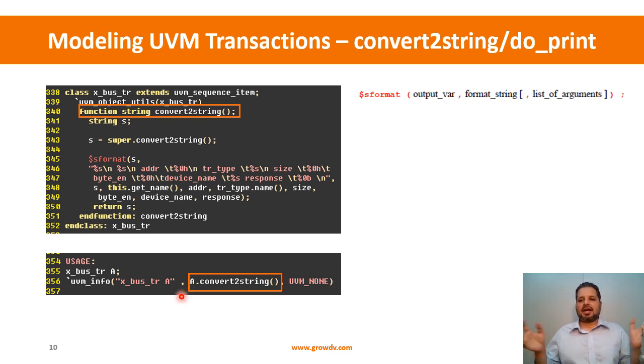There can be other information that I want to collect together and also display with this transaction information. In those cases, the convert to string type of function is very useful. And just to reiterate, typically you can use the $sformat function within the convert to string to create the string.